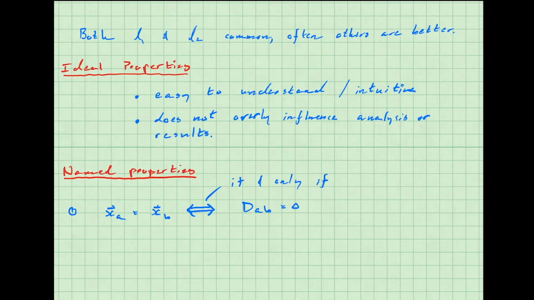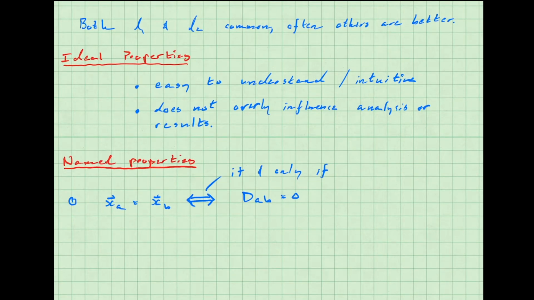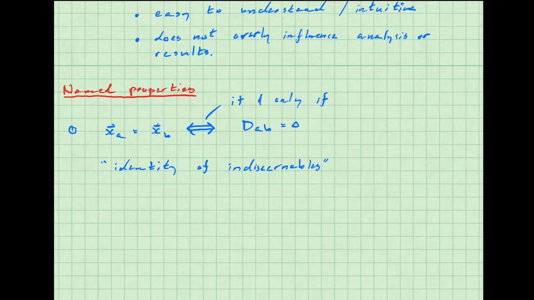That is to say, if DAB is 0, then it must be the case that XA is equal to XB, and conversely, if XA is equal to XB, it must be the case that DAB is equal to 0. In the notes we call this identity of indiscernibles.